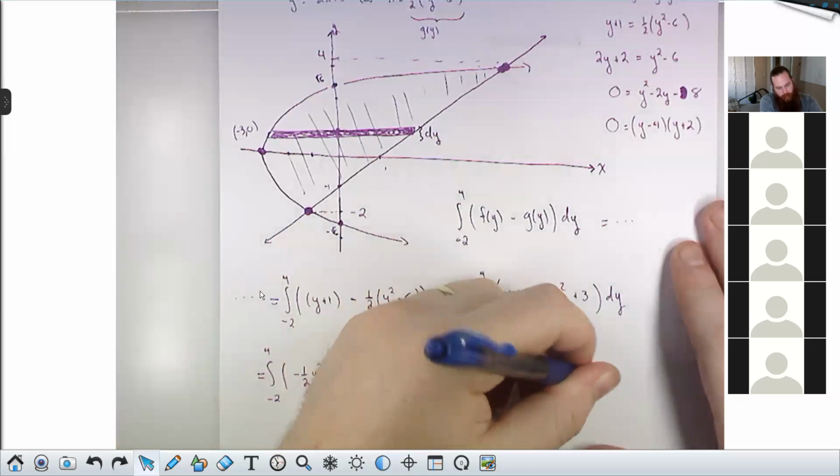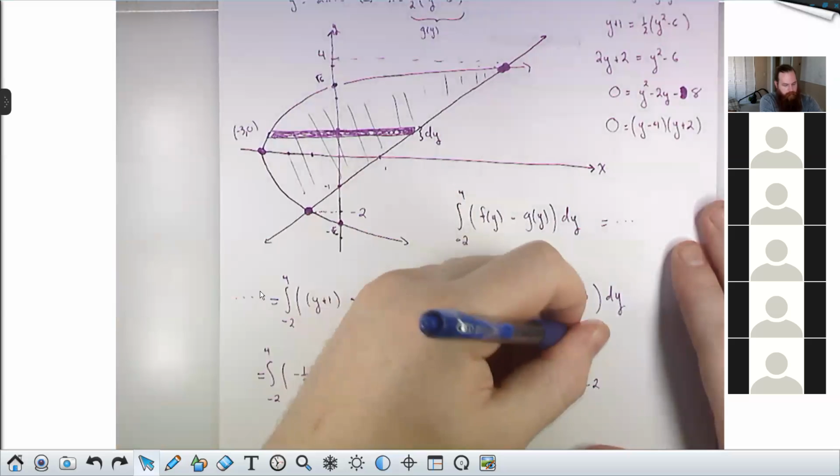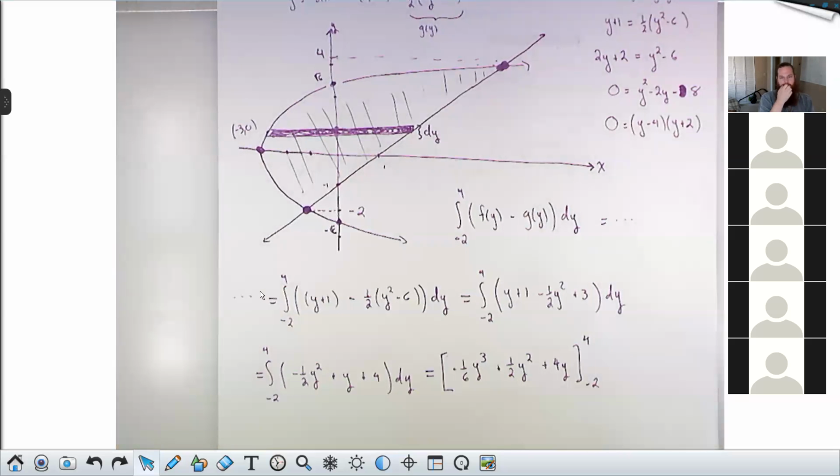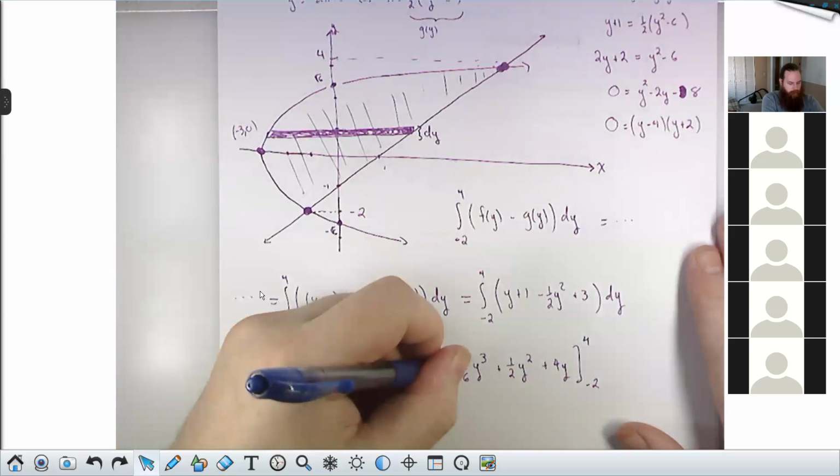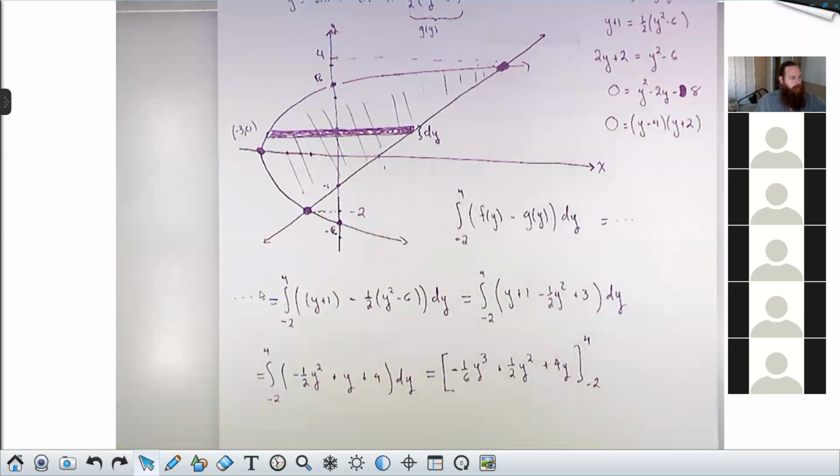And that is all to be evaluated from -2 up to +4. And this 1/6 here, this is negative. Questions about the antiderivative step? Feels good? All right.